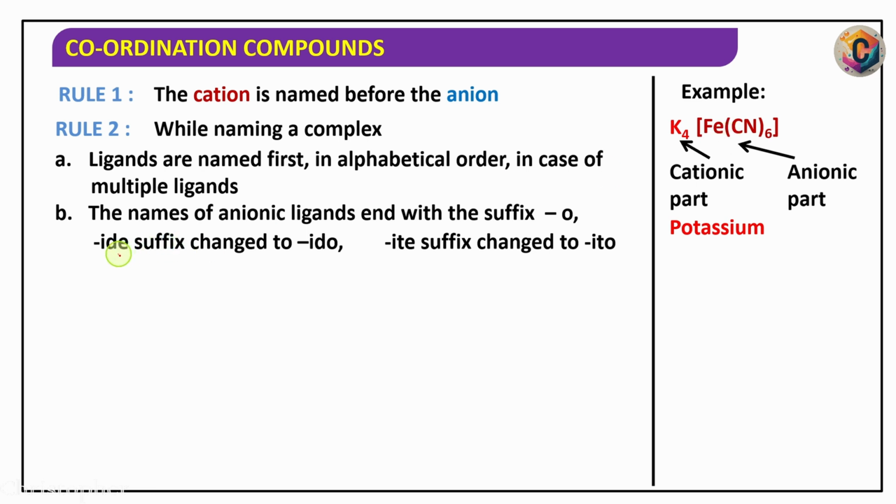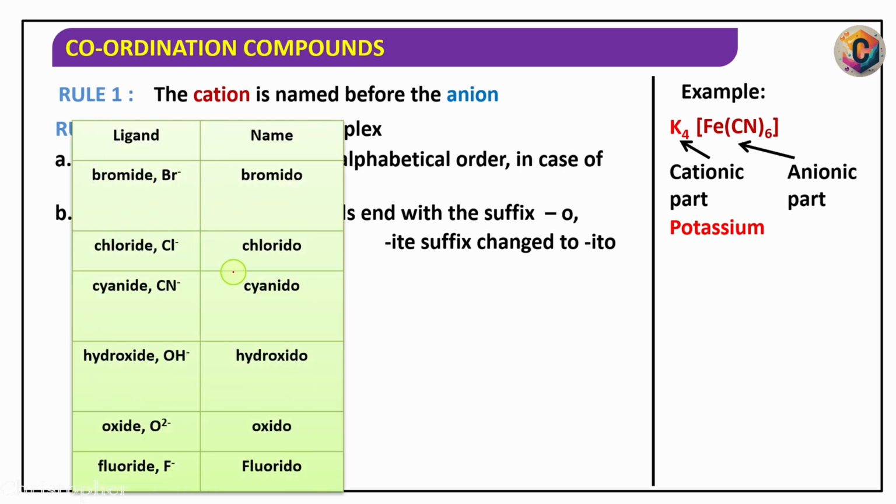This ends with IDE, and that suffix has to be changed, so cyanide becomes cyanido. If the name ends with ITE, the suffix has to be changed to ITO. Remember, and if the name ends with ATE, it has to be changed into ATO.